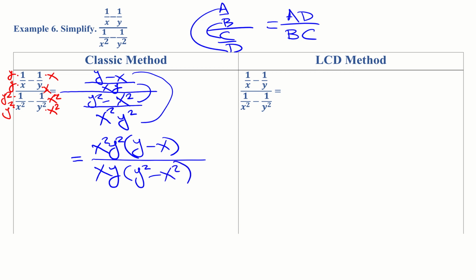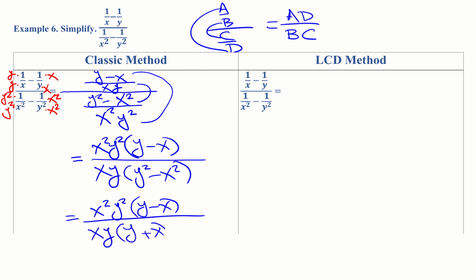Now we factor as much as possible, and we notice not much to do up here, but down here we have a difference of squares. So we get x squared y squared times y minus x over xy times y plus x times y minus x.